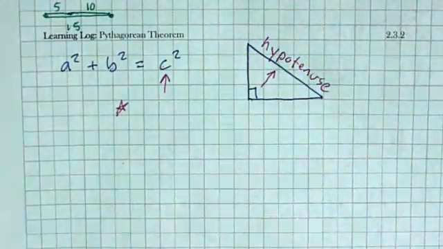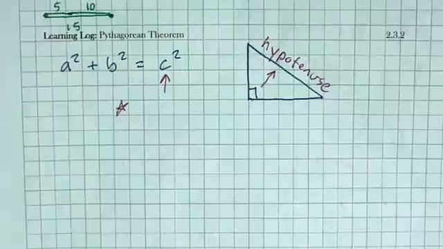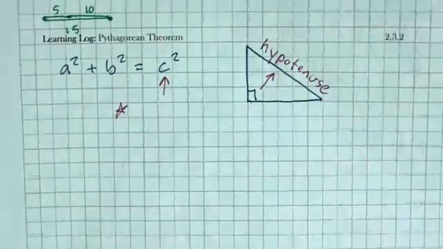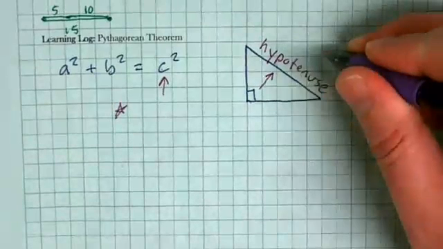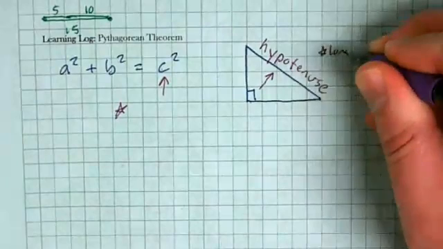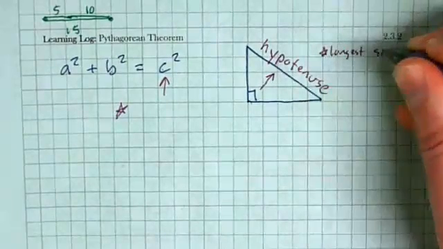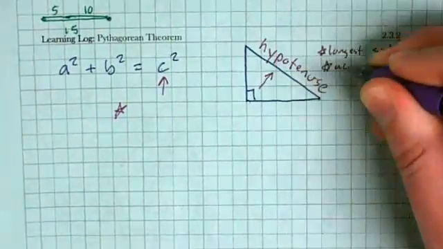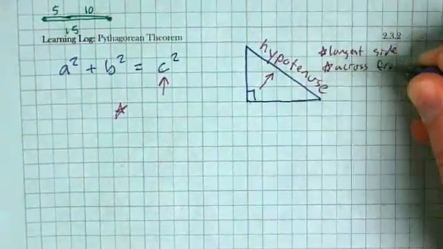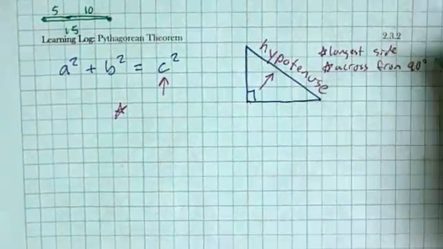The hypotenuse is the longest side. It's the side across from the 90-degree angle. If this is the first time you've heard that word, maybe make yourself a note that it is the longest side and it is across from the 90-degree angle.